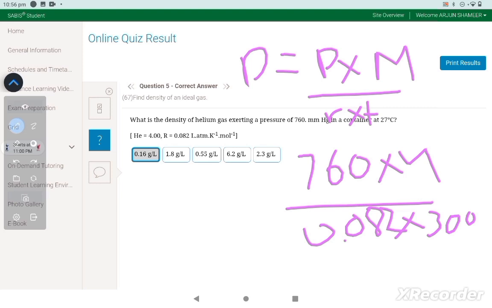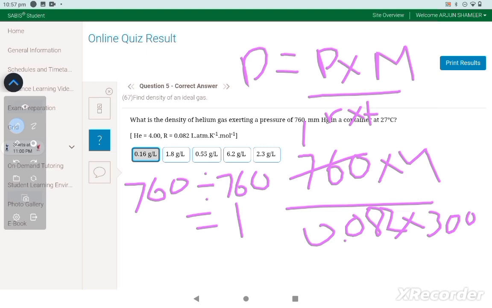Alright, my bad guys. We have to change 760 mmHg to atmospheric. So we have to divide 760 by 760. So we get 1. So it's 4 over 0.082 by 300. We get 0.162, round that off, we get 0.16.